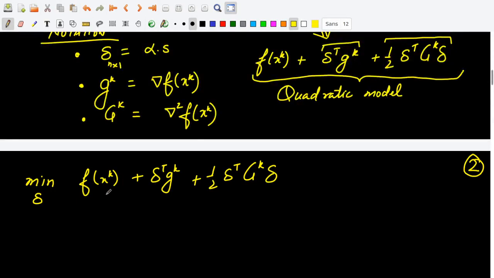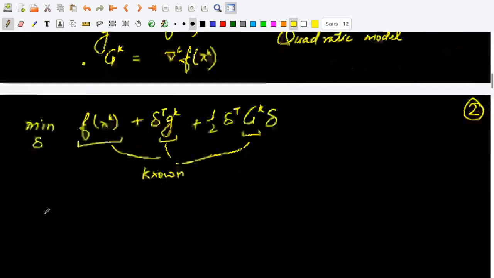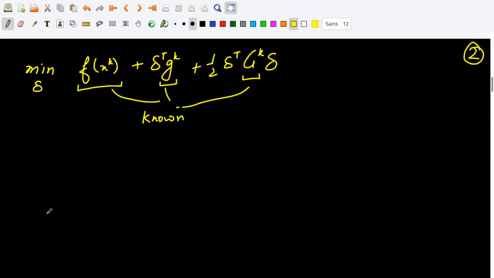In this optimization problem, f(x_k), g_k and G_k are all known, and the only variable is delta. And delta is a vector, so this is a multivariate optimization problem.